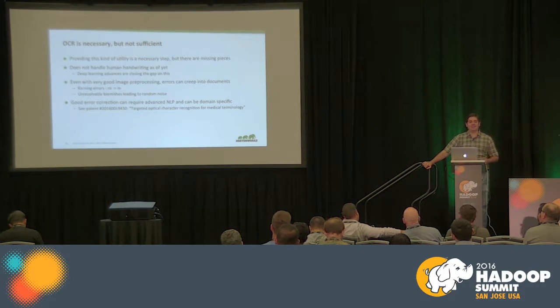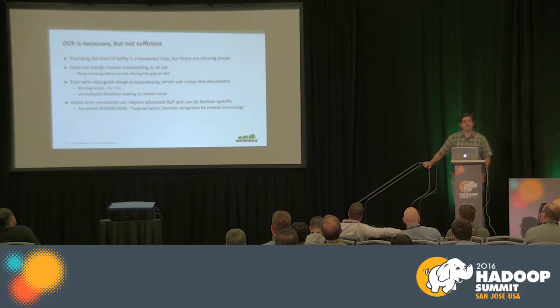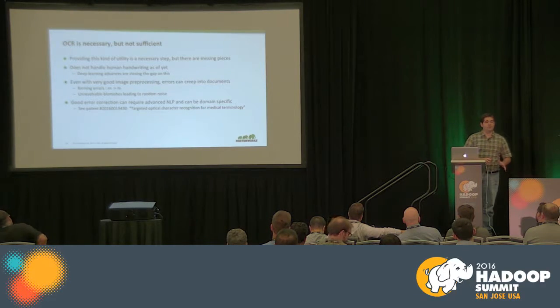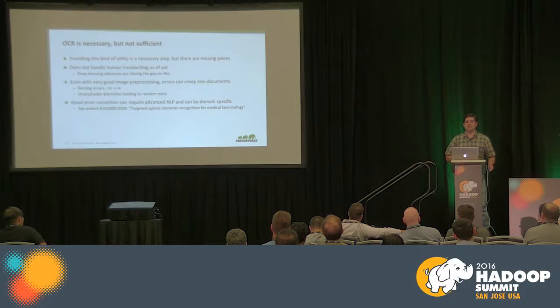Just as proof of this, I actually ended up with a patent on some of this stuff around targeted optical character recognition for medical terminology. What we were looking for was medical terminology, so we could correct these errors with high accuracy for long words. A lot of the stuff we were looking for were diagnoses, and diagnoses are things like atherosclerosis.